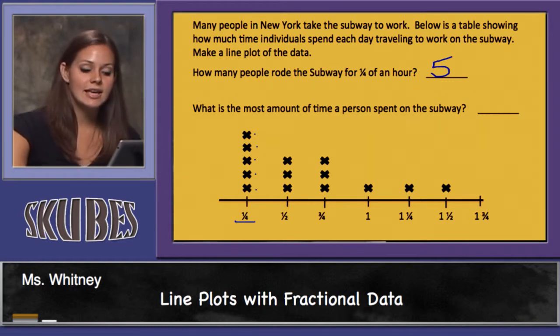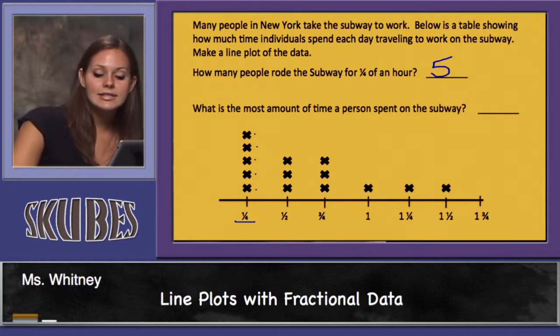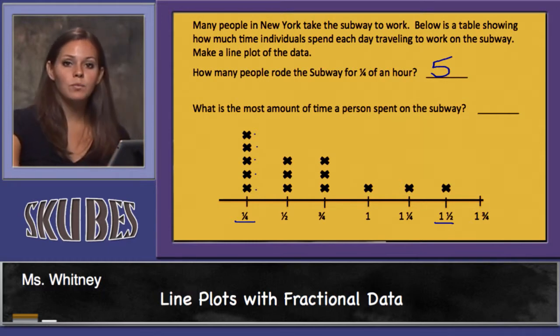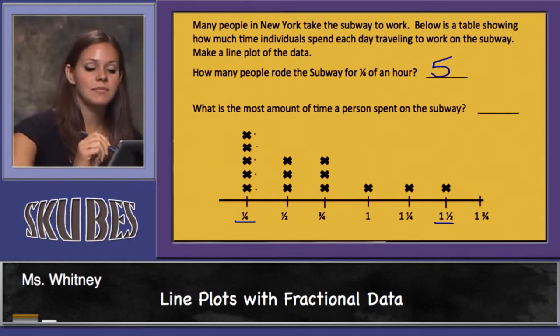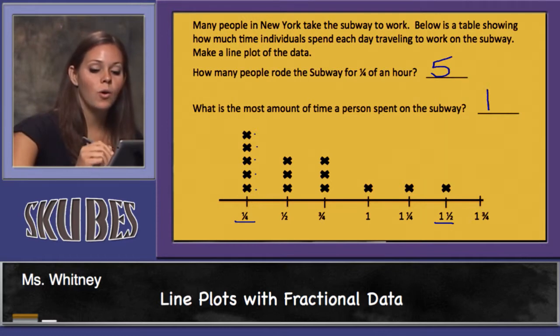The next question says, what is the most amount of time a person spent on the subway? I can see from my line plot that 1 1/2 hours is the most amount of time a person spent on the subway. Only one person spent that amount of time.